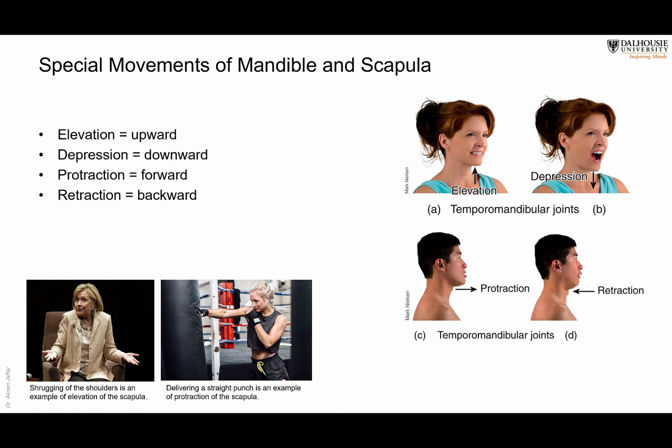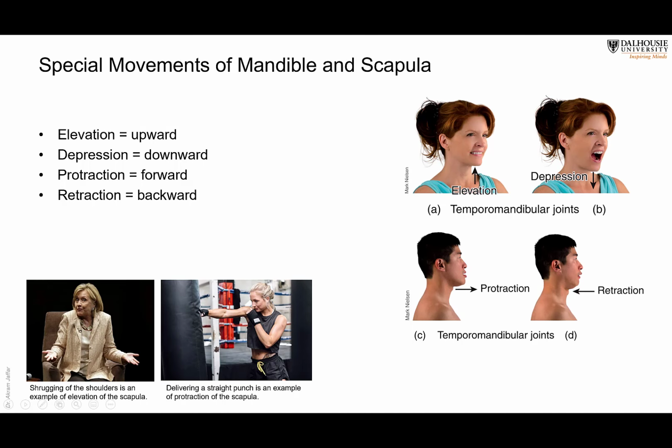We have special movements apart from these common movements. For example, elevation and depression at the temporomandibular joint. When this is elevation, this one is depression, and there are also protraction and retraction. The same movements apply to the scapula.